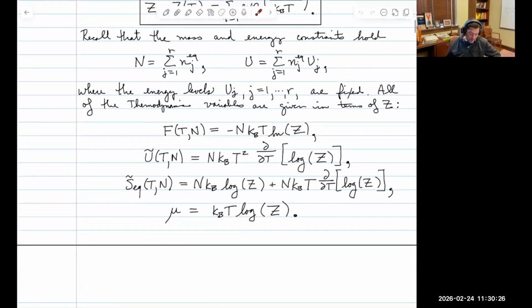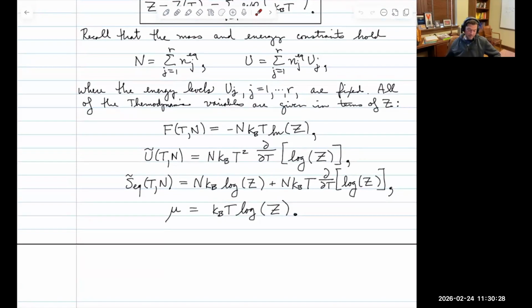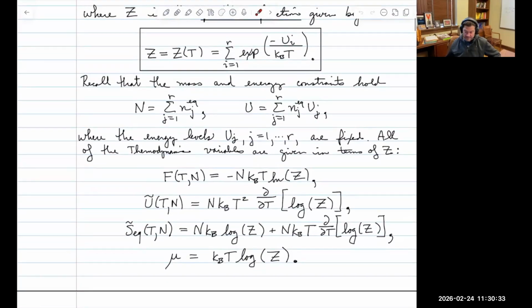All right, so all of the thermodynamic variables are given in terms of the partition function. This is something that we observed in the last two lectures. We defined what we mean by the usual Helmholtz free energy in terms of the entropy, the equilibrium entropy, and the energy, and of course the temperature.